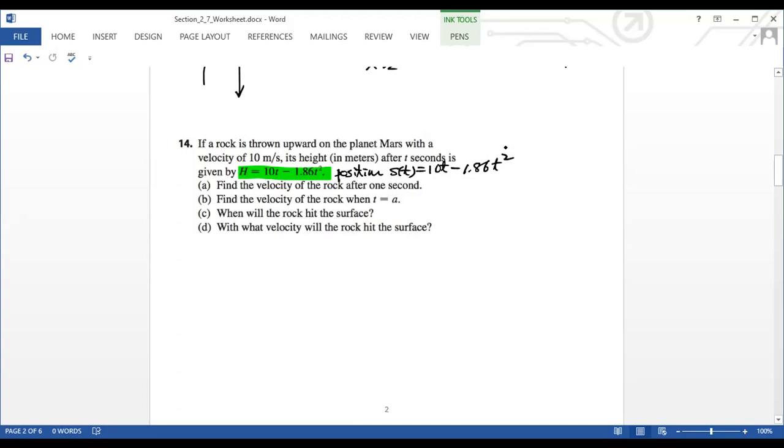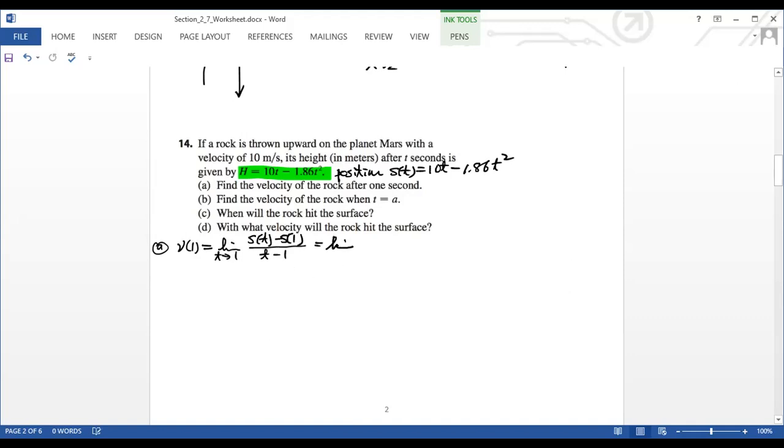They want to find the velocity after 1 second. So the velocity is the limit as t approaches 1 of s(t) minus s(1) over t minus 1, just like we did before.